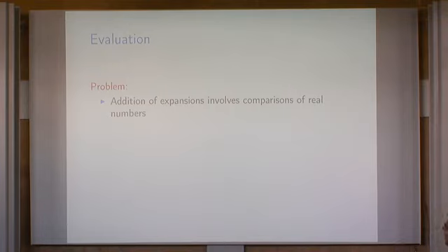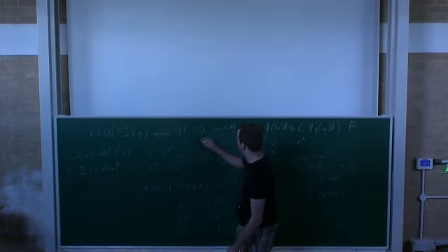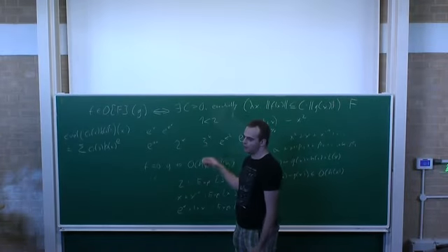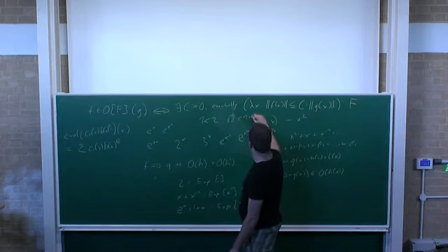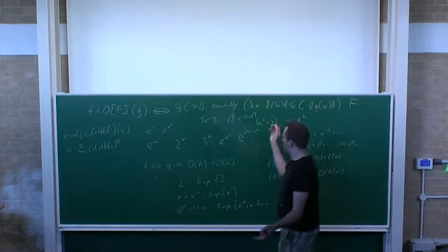Okay. So another big problem with evaluation is you have to compare real numbers, and in most cases I found that the comparisons you have to make are something like 1 is less than 2, and so it's no problem. But in theory, you can have things like square root of 2 is less than 1 plus square root of 3 or something. So this is already a bit more complicated.